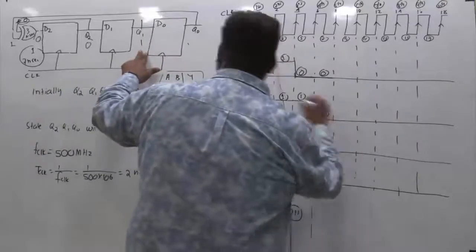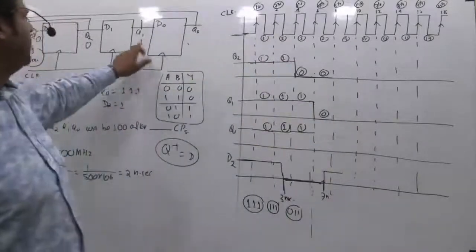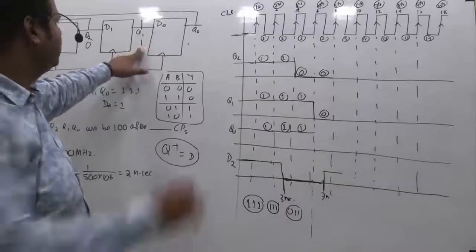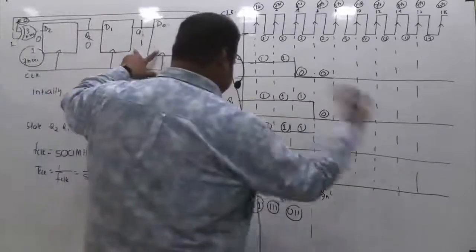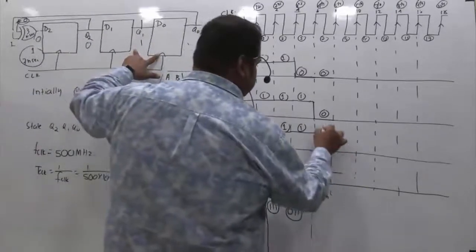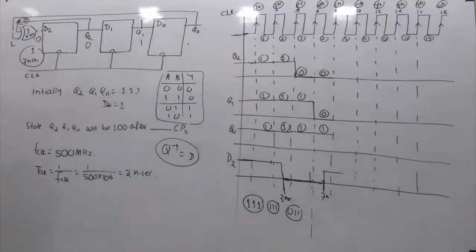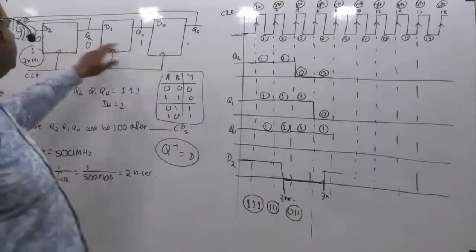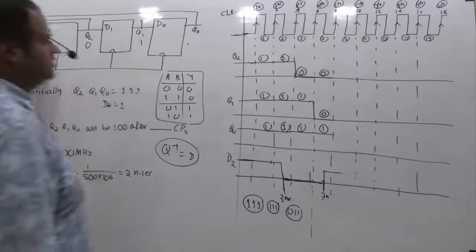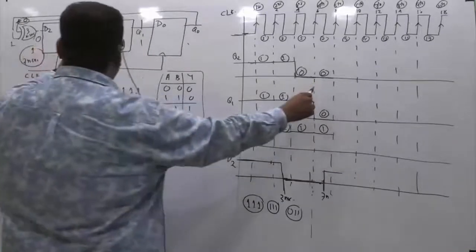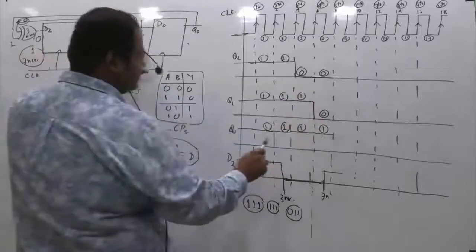Similarly, the input to this is 1, so when you give the clock, this 1 will come to the next state. So before the clock transition, the values were 0, 0 and 1. After the clock, you continue with 0 here and 0 here, and this 1 will be continued.